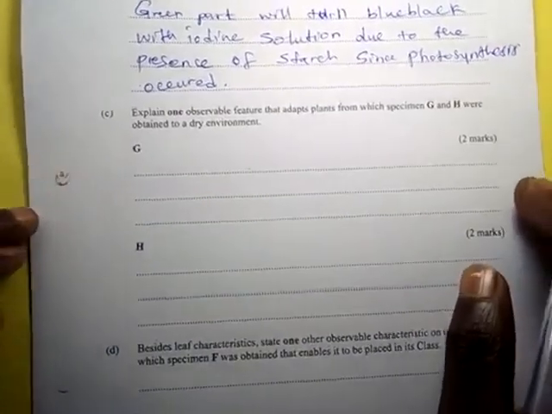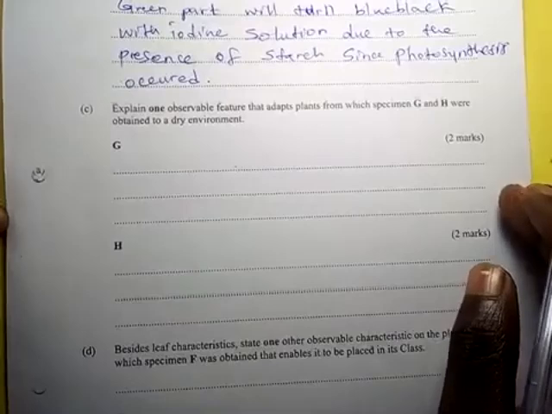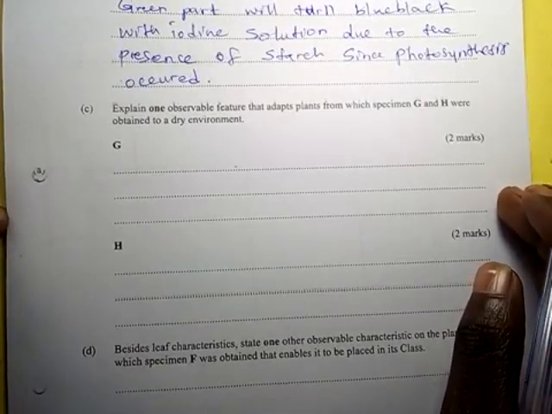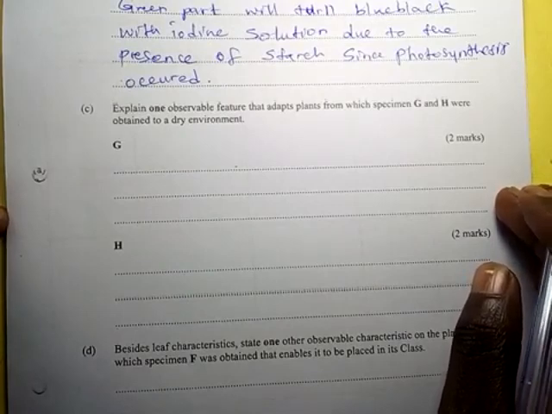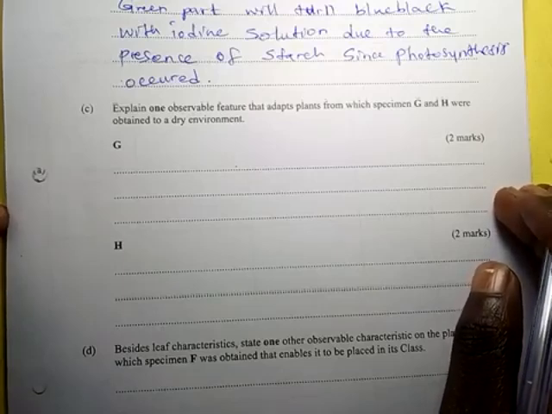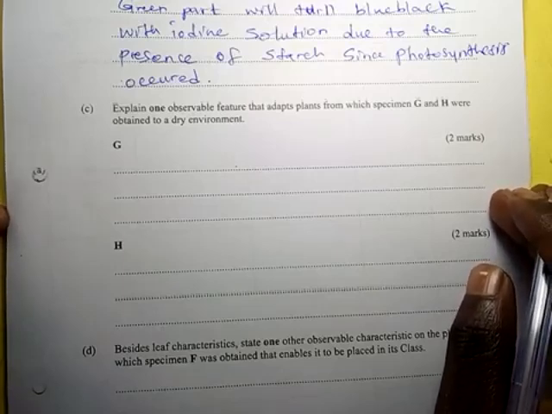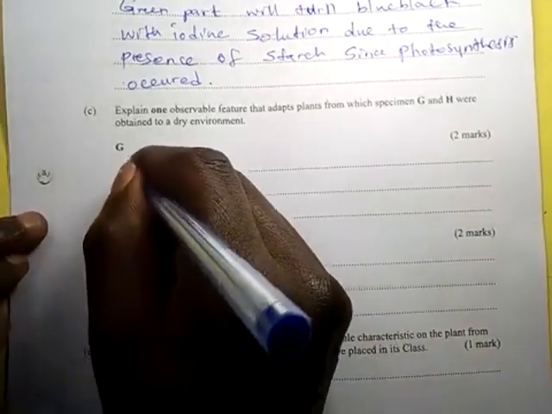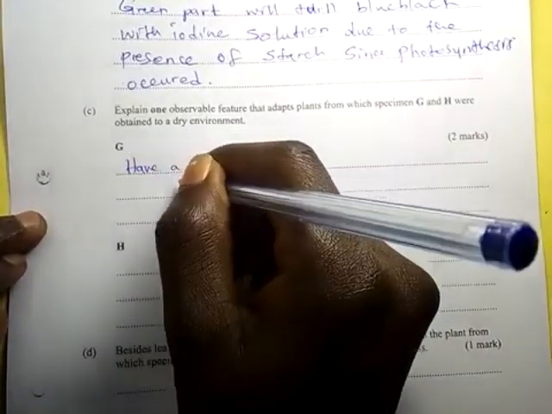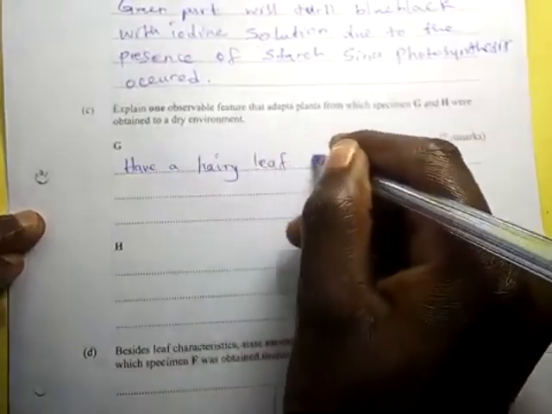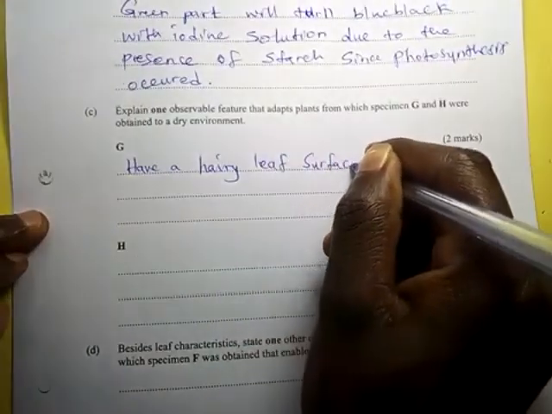In C, explain one observable feature that adapts the plant from which specimen G and H were obtained to a dry environment. G had a hairy leaf surface.